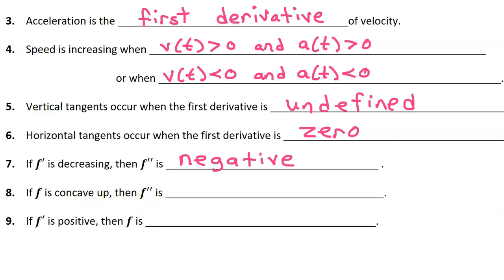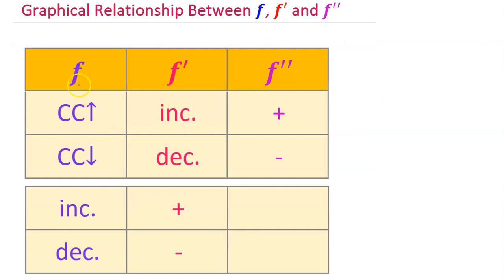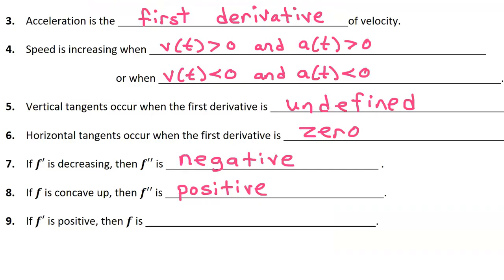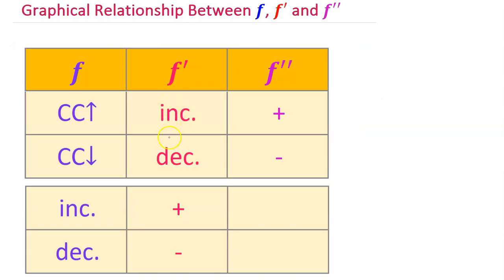Let's look at the chart again. If f is concave up, then f double prime is positive. And number 9, if f prime is positive, then what's happening with the original function f? If f prime is positive, then f is increasing.